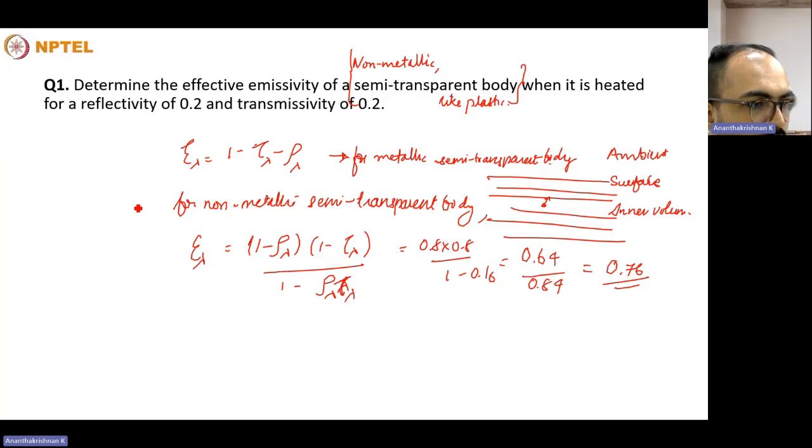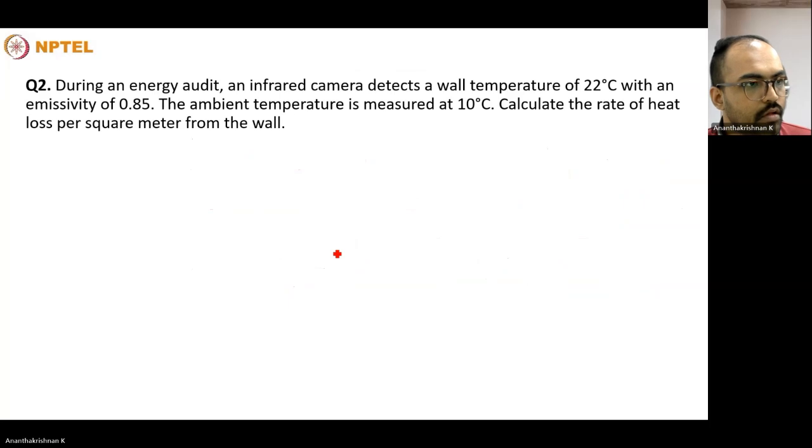If you put the transmittivity to 0, then the original equation of the emissivity will be equal to 1 minus the reflectivity, which is the same as that of an opaque metallic body as well. Let's look into the second problem.